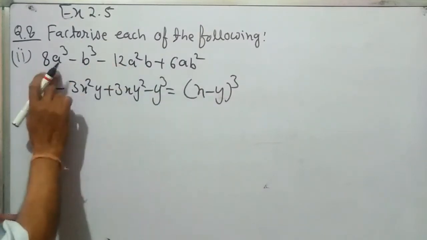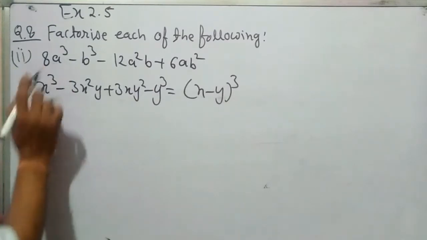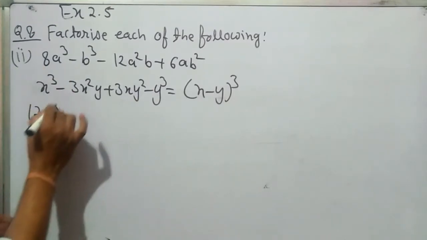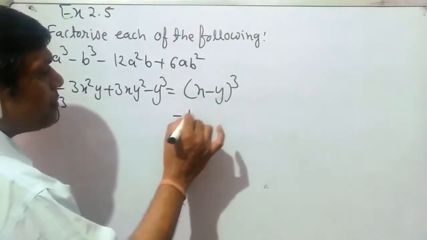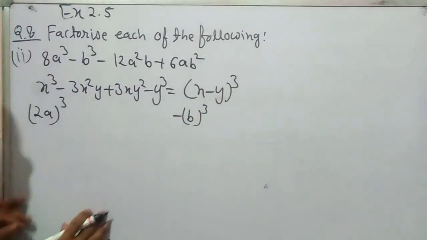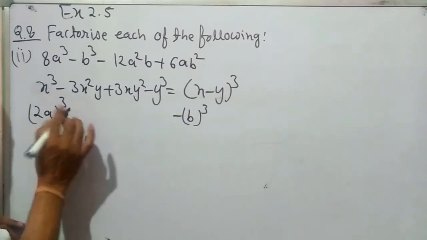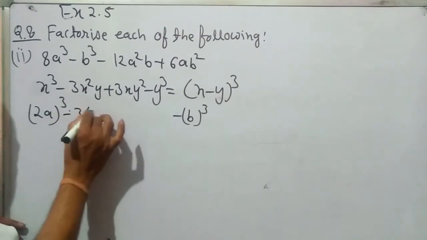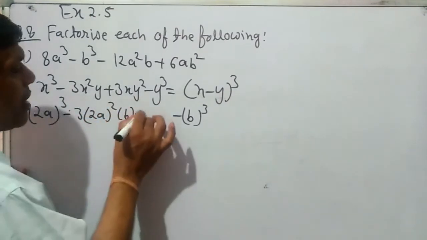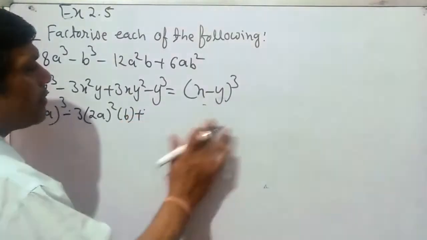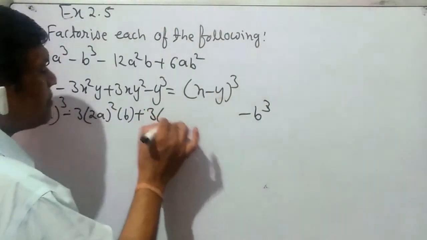Match them up. x cube is twice a cube. y cube is b cube. That means the other terms should be minus 3 a square into b and 3 ab square.